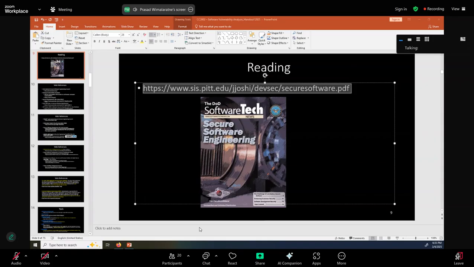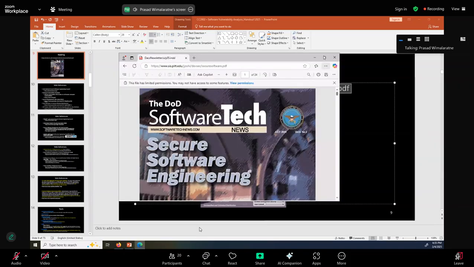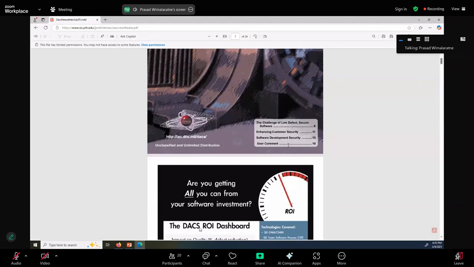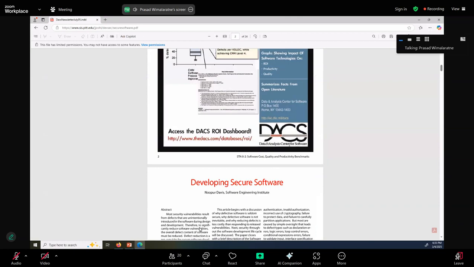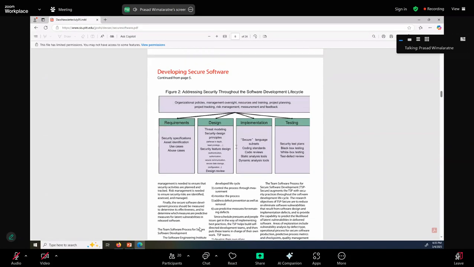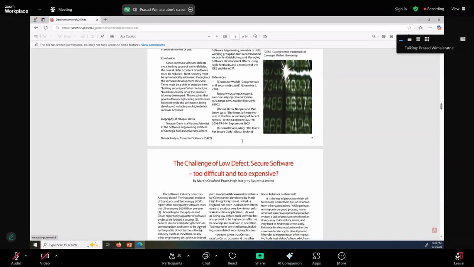Not a recent one, but that's a good eye opener for a beginner. So that's why I handpicked that particular article. It's from the Department of Defense, the Software Tech News, secure software engineering. So I'm using some of these diagrams in the discussion. So it's a good start for a beginner to have a look. So maybe it's worth looking at.